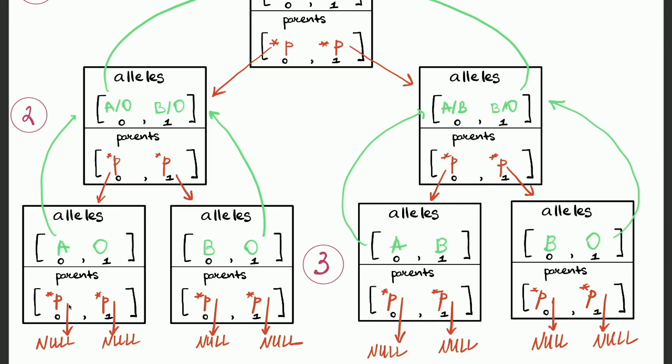So I'm setting my parent pointers to null for both of them, the 0 and 1 element. I'm setting them to null. For alleles, I'm actually going to pick them randomly because I don't have any parents to reference. So for example, it will be A and 0. And so when I'm finished with this node, I'm going to go back up to generation 2.